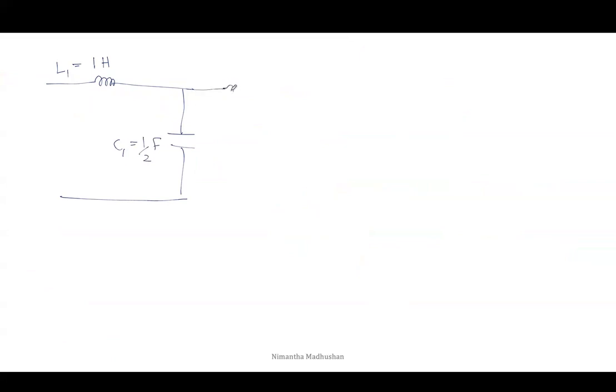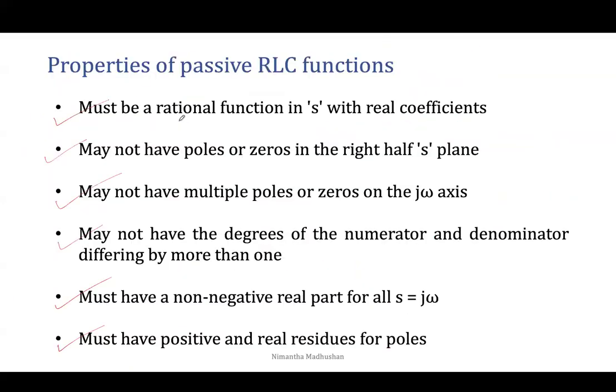And the third element is again an inductor. L2. Value is 4. And the final element is the capacitor connected in parallel. C2. Value is 1 over 6 farad. This is ZLC. We can obtain it from these 2 points. This is the final circuit that we can obtain by applying the first Cauer form for this impedance function.